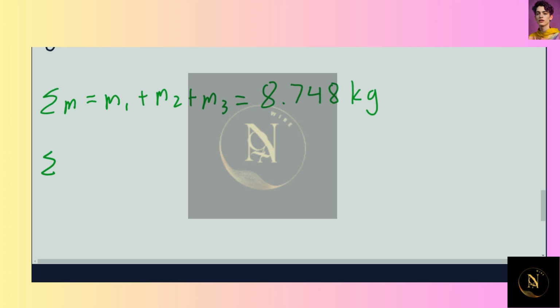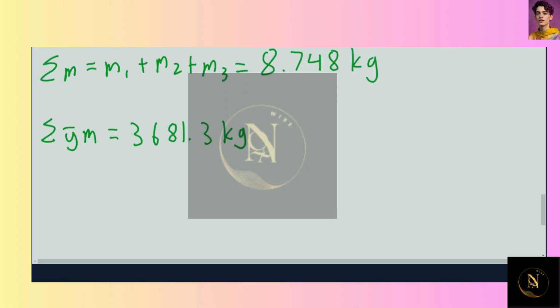And we can also say that the summation of the center of gravities on the y-axis times the mass m is equal to 3,681.3 kilogram millimeters.